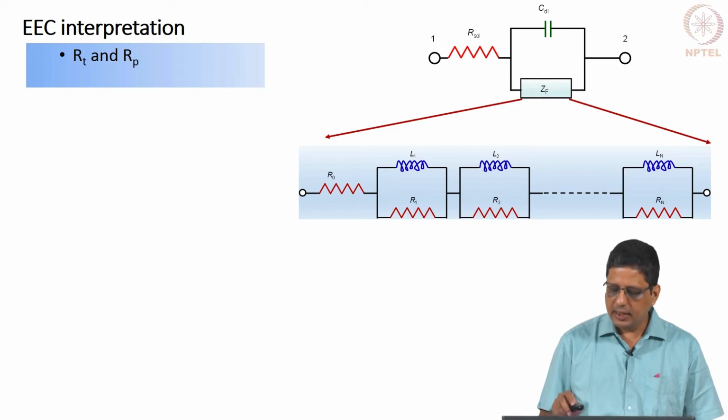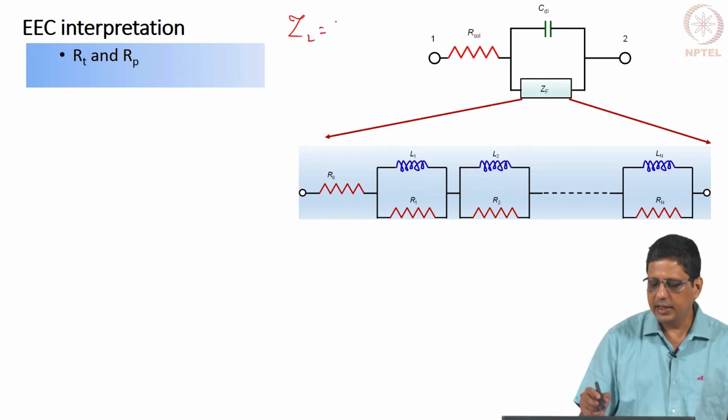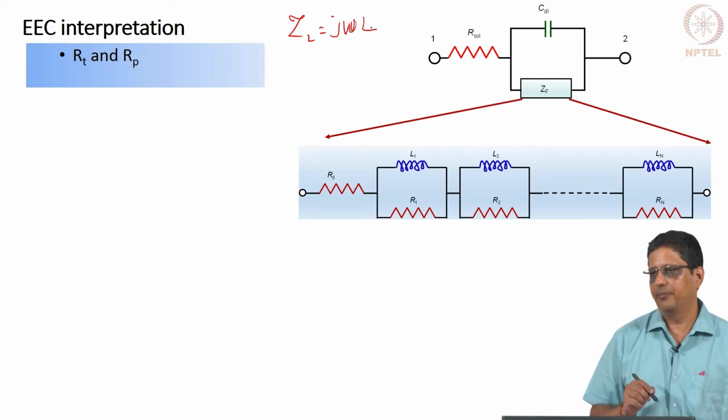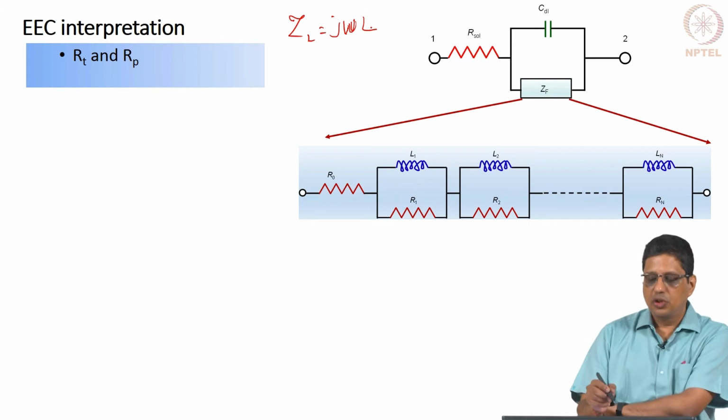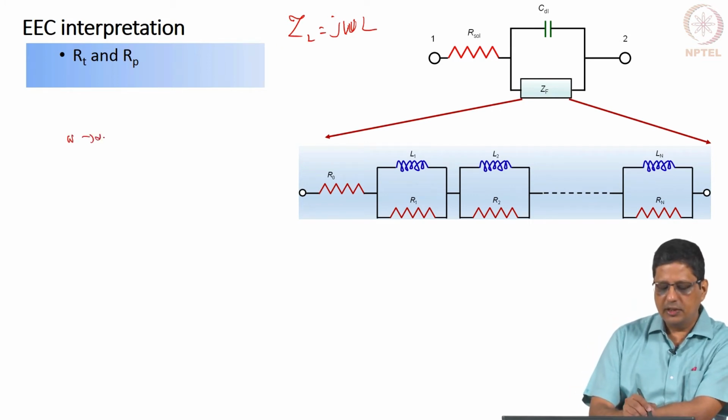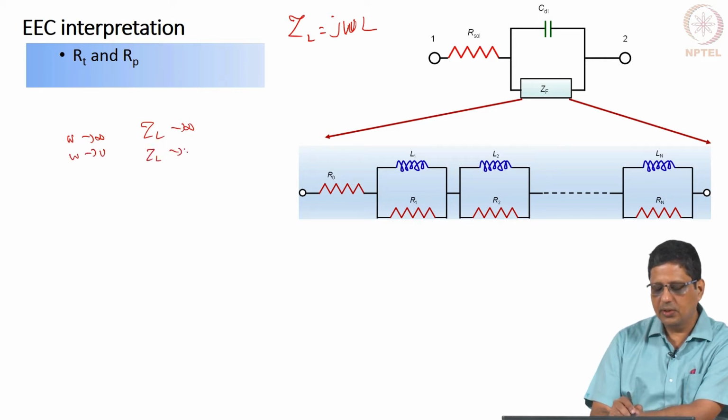Inductor based circuit, here if I say frequency is infinity, the impedance of an inductor is going to be j omega L. So, when omega tends to infinity, ZL tends to infinity. When omega tends to 0, ZL tends to 0.